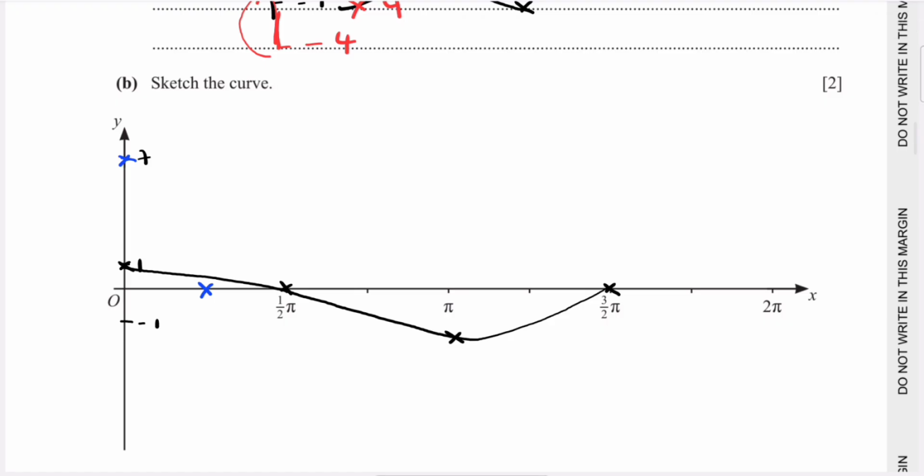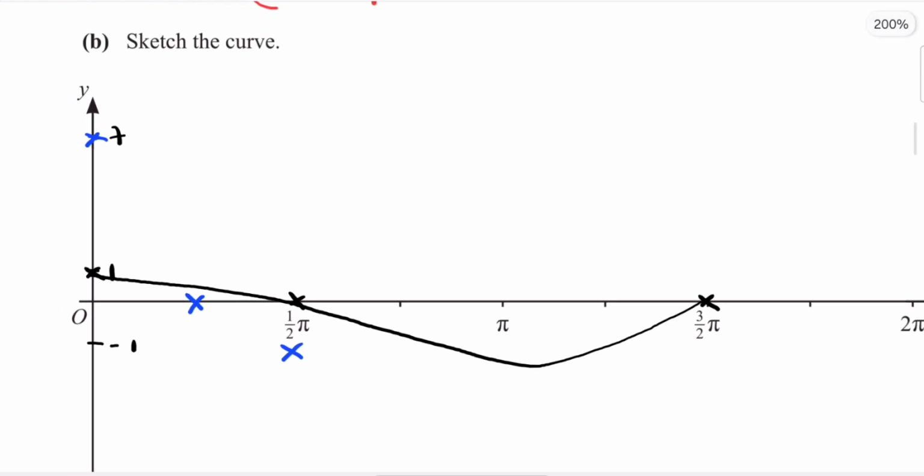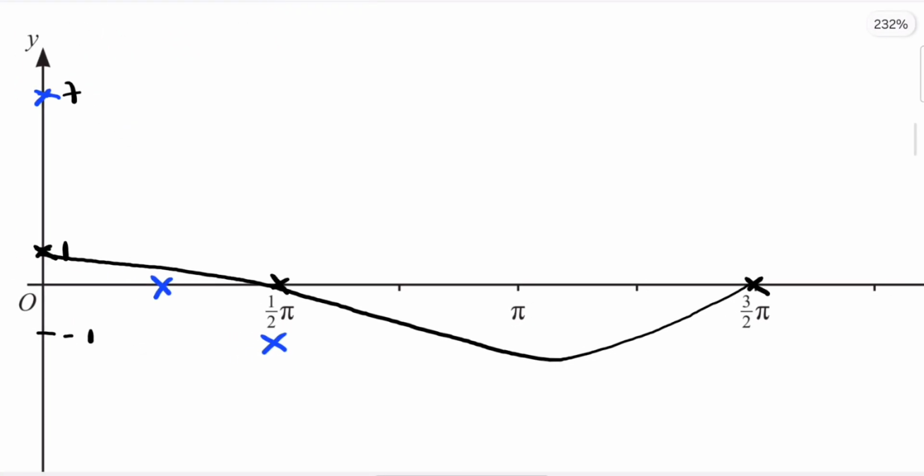Then the point that was at pi will be at half pi, so it's here now, right? Then this point that was at 3 over 2 pi, if we divide that by 2, we get 3 over 4 pi, which is here now, right?